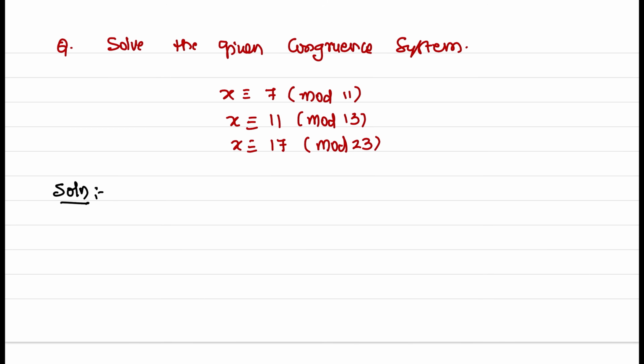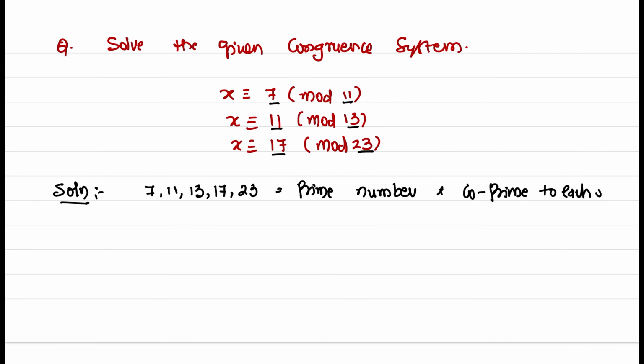If you look at these congruences, the numbers 7, 11, 13, 17 and 23 are prime numbers and co-prime to each other.